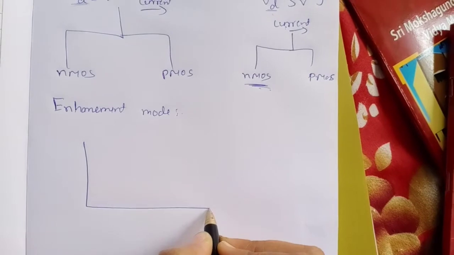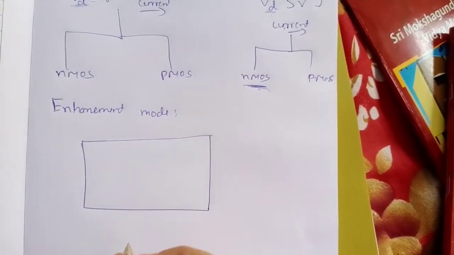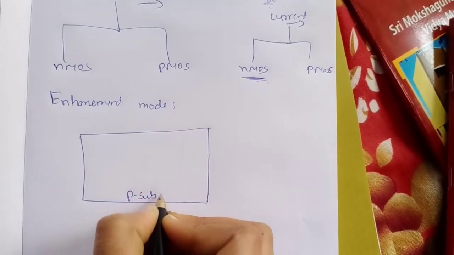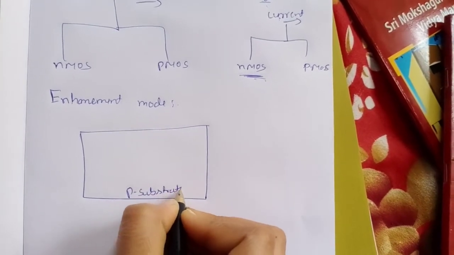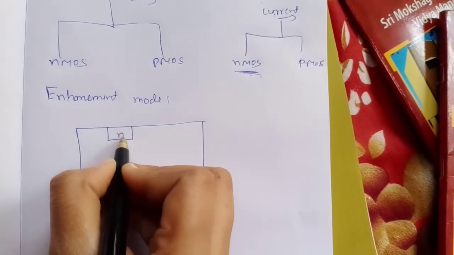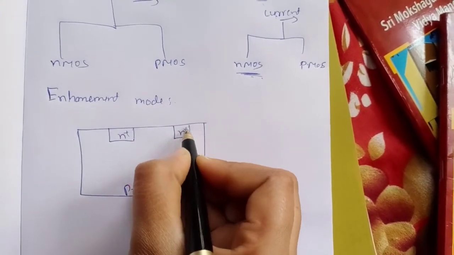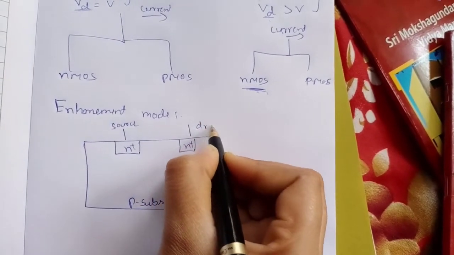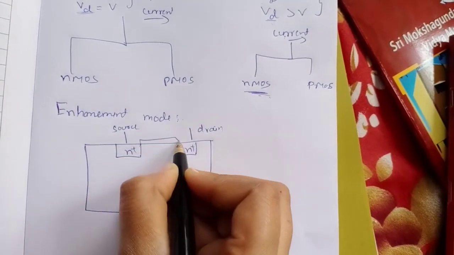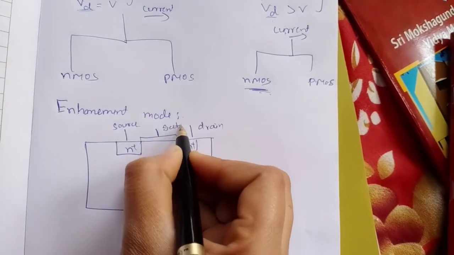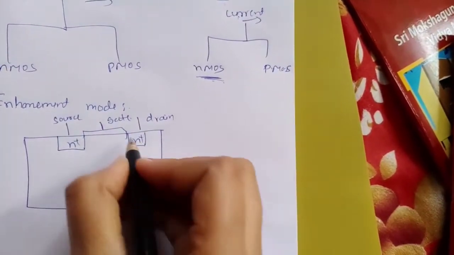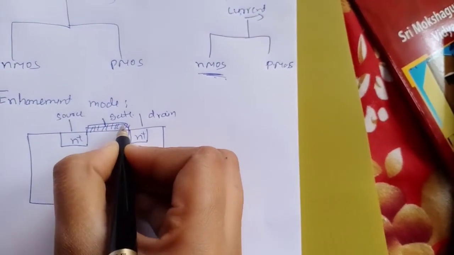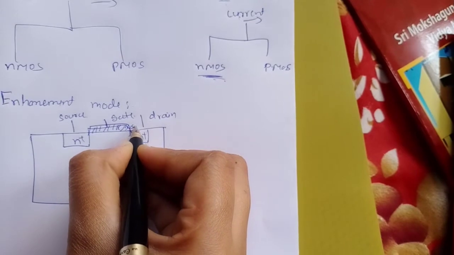Now I'll draw the cross-sectional view for the NMOS. For the NMOS, we are using a P substrate as the body and N plus diffusion for the source and drain terminals, and the gate connection, and this is the SiO2 gate oxide.